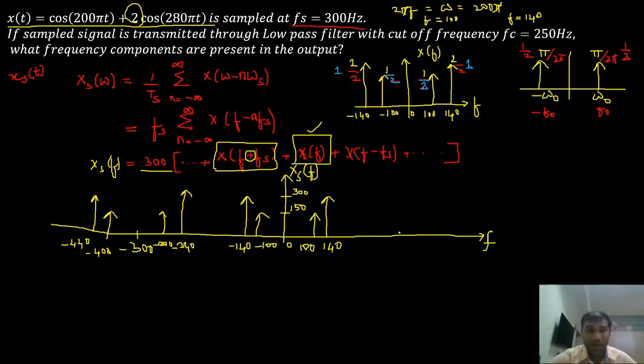Similarly on the right hand side, I have to draw for x of f minus fs. So the first one will be minus 140 plus 300, a delayed version. That is going to be at 160, and then minus 100 plus 300, 200.